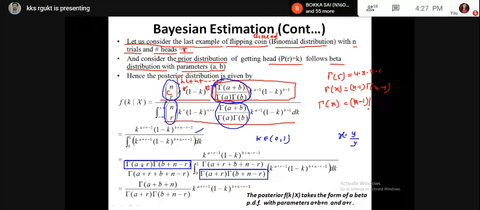Our purpose, I'll tell you later. So I'm multiplying by this quantity and dividing by the same quantity. Similarly, multiplying by this quantity and again dividing by this quantity. Fine. Now look at this quantity.